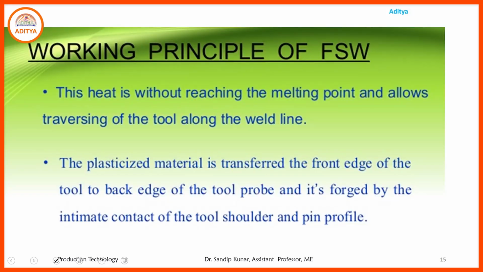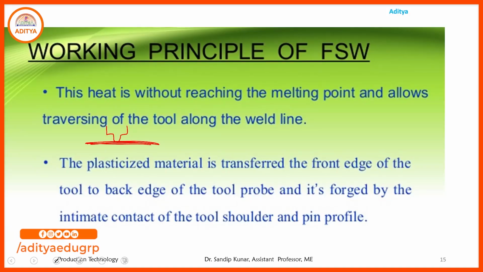The heat, without reaching the melting point, allows the tool to traverse along the weld line. Here a small amount of heat is generated, below the melting point, from the friction between the plates, the welding face and the probe of the tool.